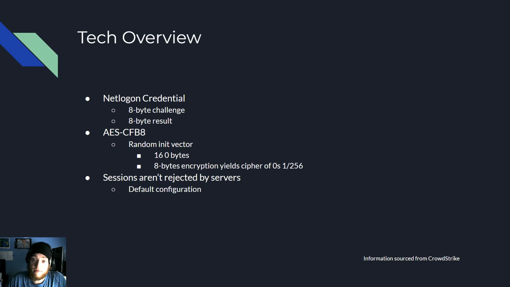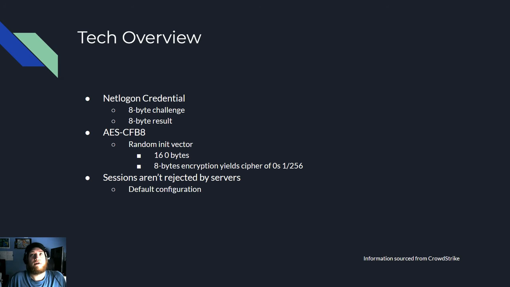And the newer version of that, AES CFB8, which is also the only one that's allowed in some of the newer Windows versions, starts with a random initialization vector of 16 bytes. And when you're using an 8-byte encryption, that means that it is possible for 8 bytes of zeros to yield a ciphertext of zeros with a probability of 1 in 256.